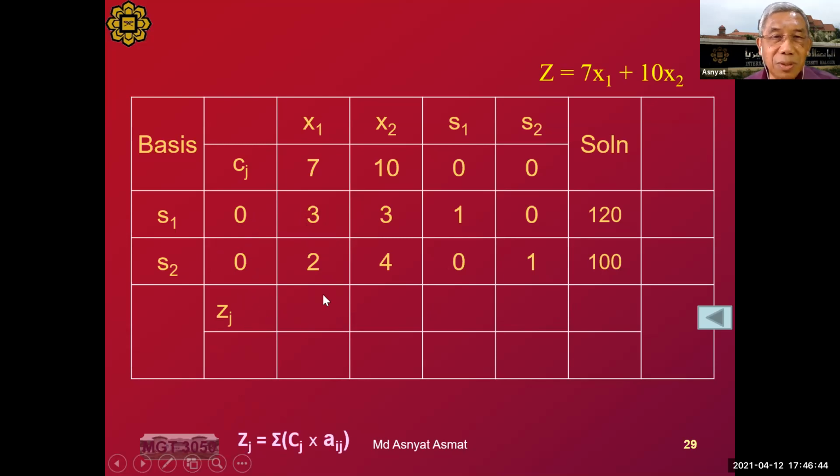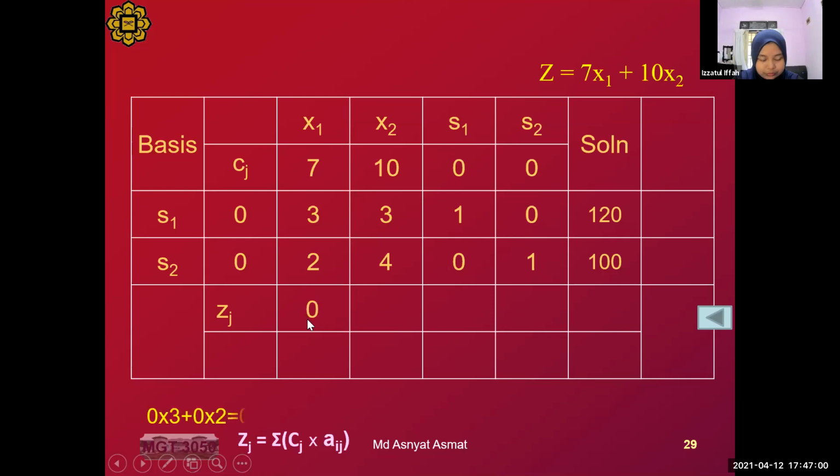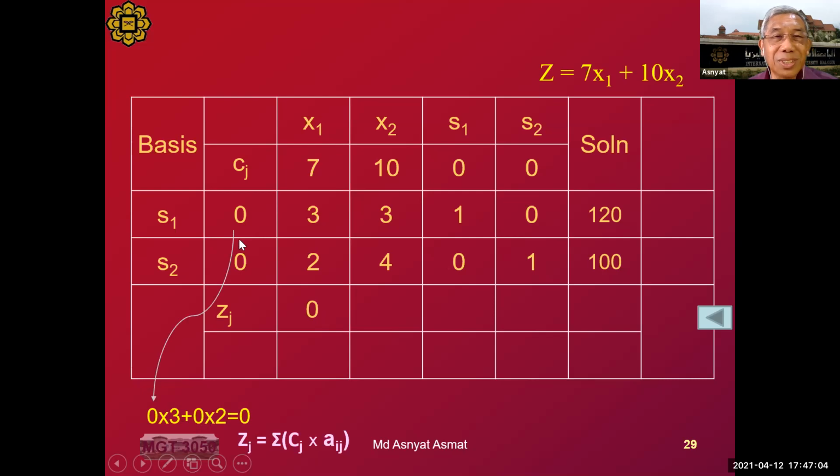So Zj for X1, for column 1, 0 times 3 plus 0 times 2. What do you get? 0 times 3 plus 0 times 2 is 0.